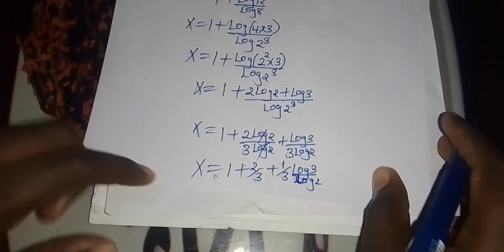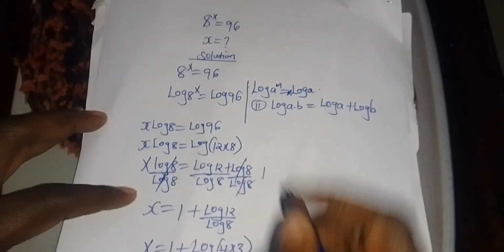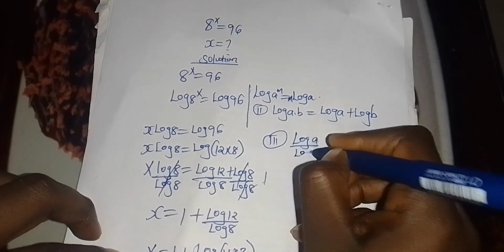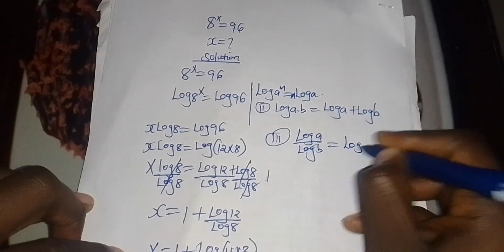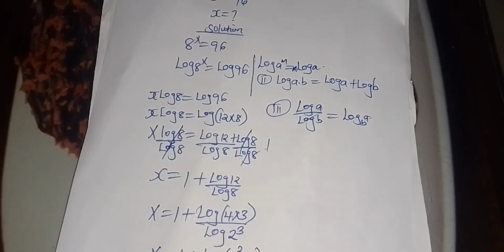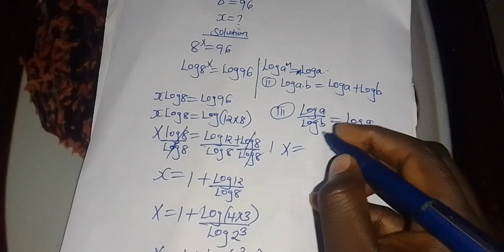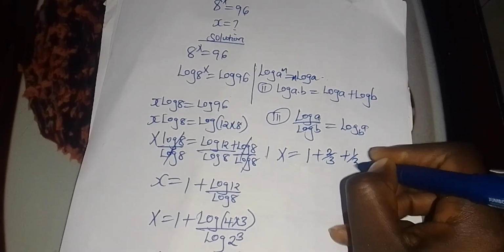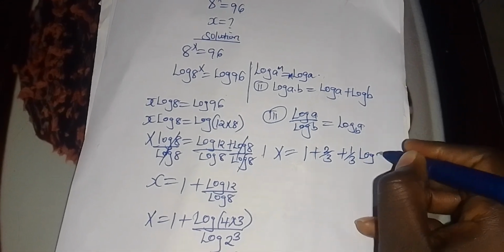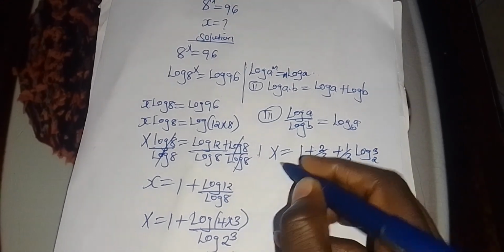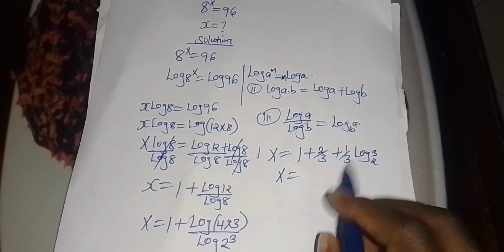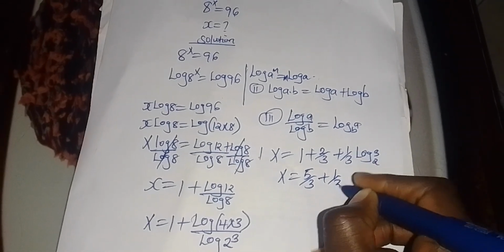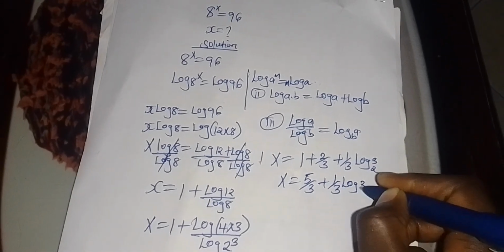Then we apply the third property, that states that if you have log a divided by log b, this can be expressed as log a to base b. So we'll have x equal to 1 plus 2 over 3 plus a third log 3 to base 2. Okay, so that means that x is equal to 5 over 3 plus a third log 3 to base 2.